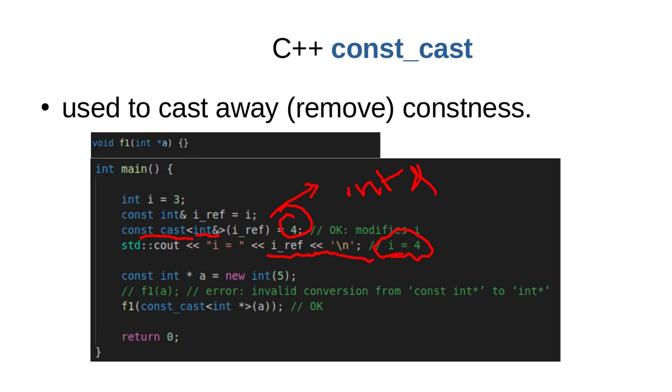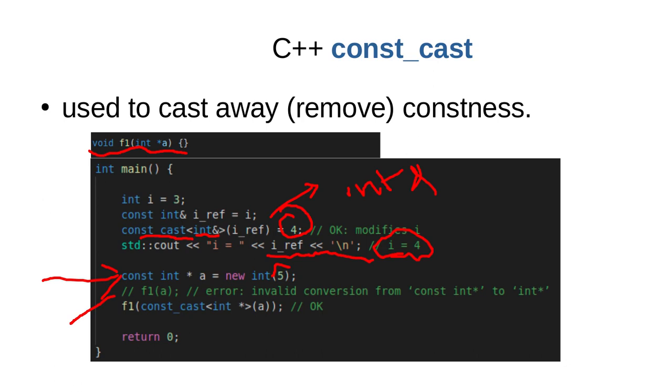Here is another example. I have a constant pointer. The constant pointer points to an object of type integer with value 5. In this case I can't change the value using the dereference of the pointer, and I can't even pass it to a function of type int star.